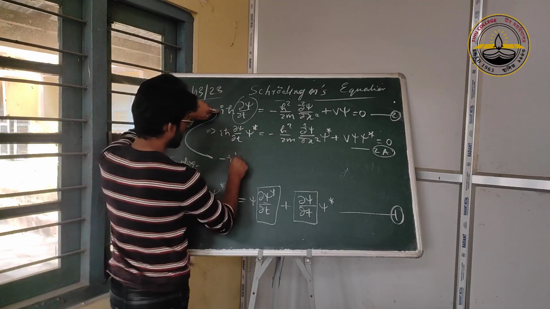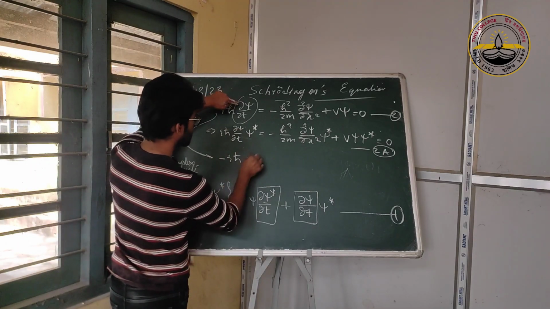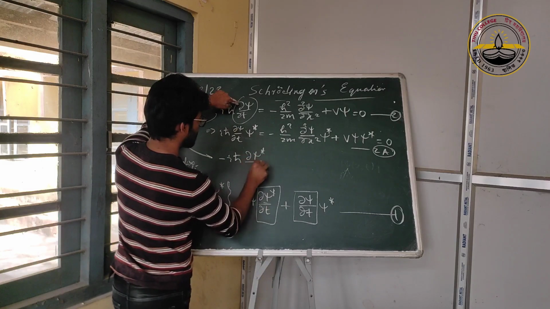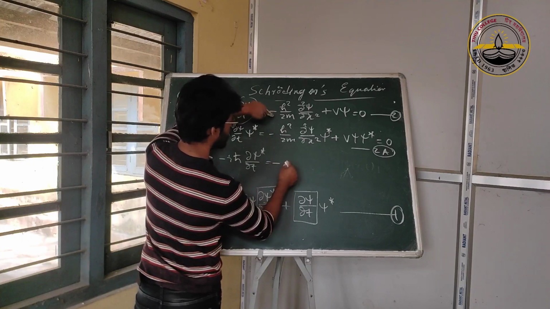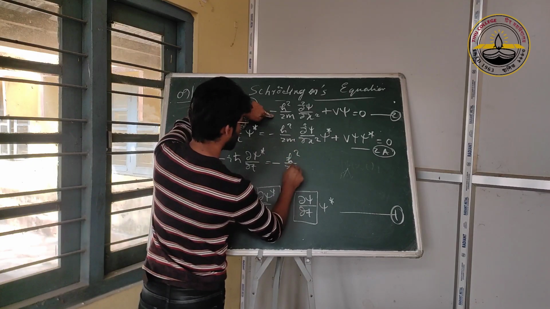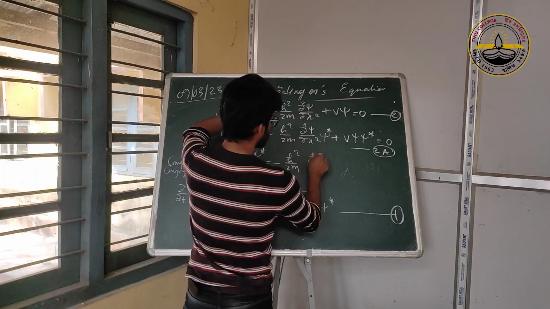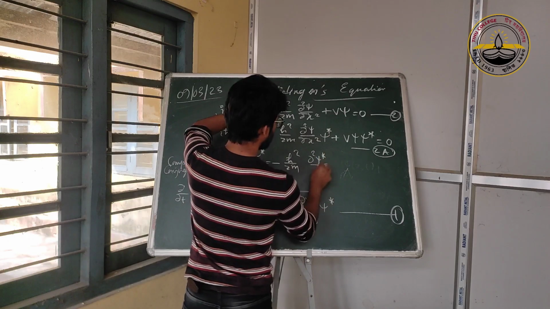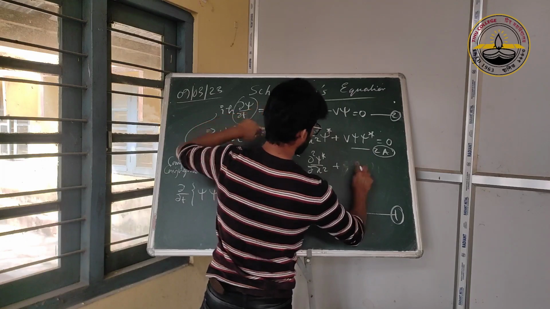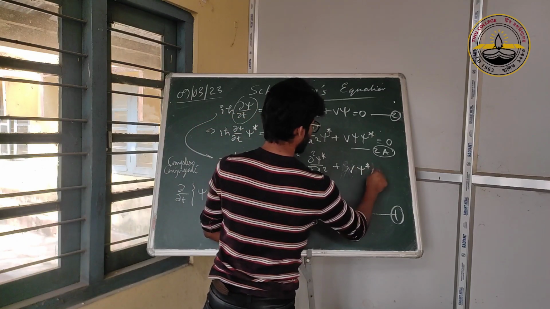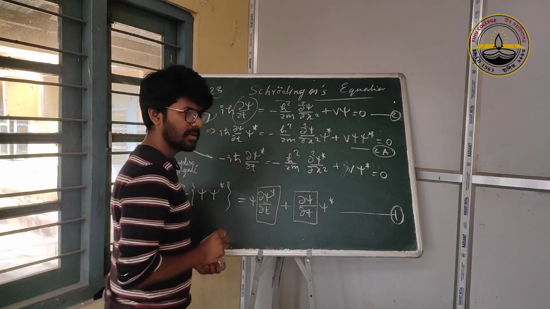So minus i h cross del chi star over del t, fine, equal to minus, there is no i, so h cross square over 2m del square chi star del x square plus V chi star. Okay?